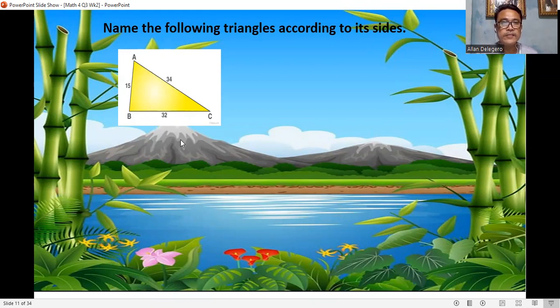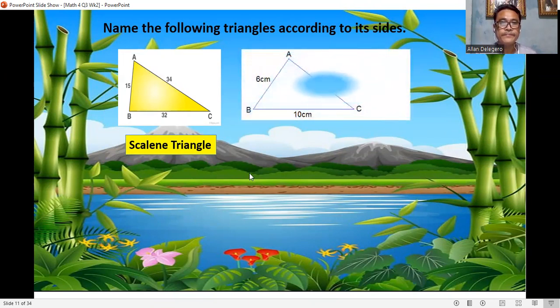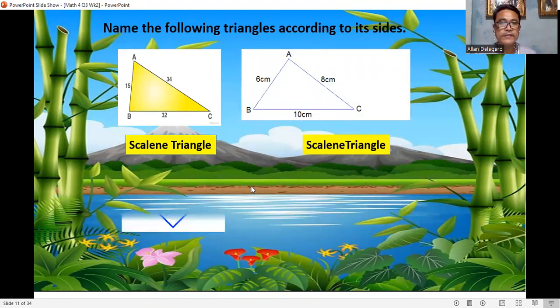And this is a scalene triangle. No sides are equal. Number 2. And this is scalene. No sides are equal.